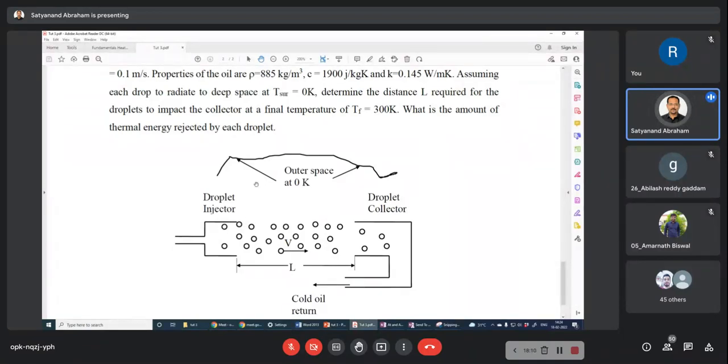In space, heat rejection happens through the radiation process only.